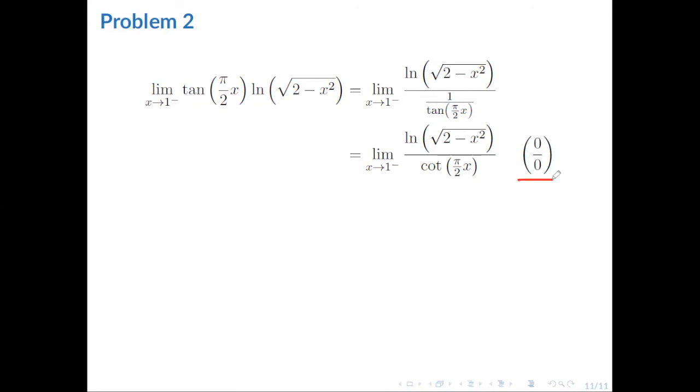Pero this time, 0 over 0 na siya. Dahil dyan, pwede na nating i-apply yung L'Hopital's rule. Hanapin natin yung derivative ng numerator and denominator. Yung derivative nito is this one, yung derivative naman nito is this one.